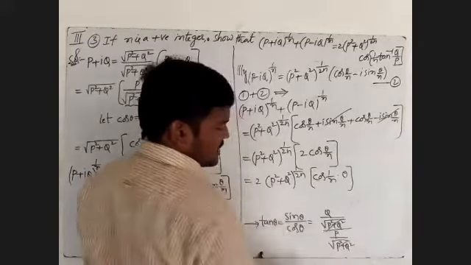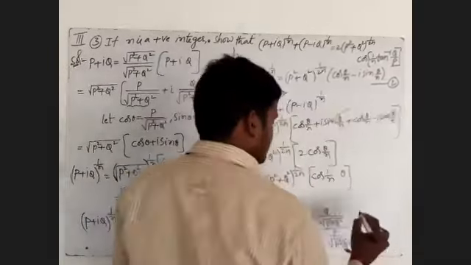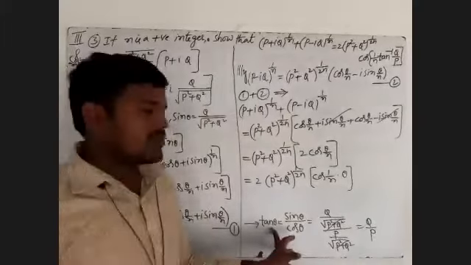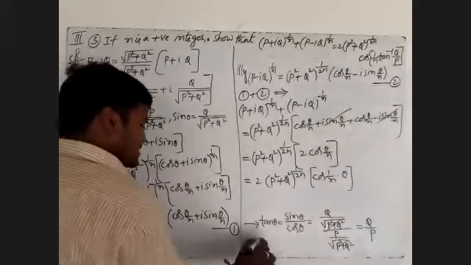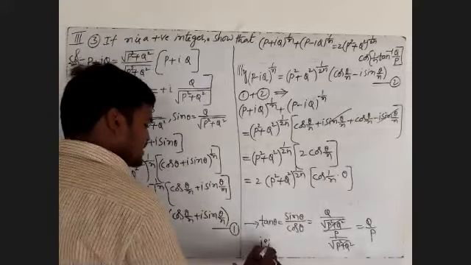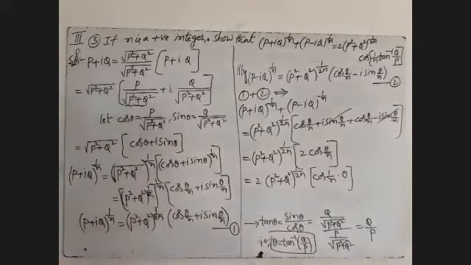Both denominators will be cancelled, and the remaining value is q by p. This is the value of tan θ. Tan θ equals q by p means θ is equal to tan inverse q by p.